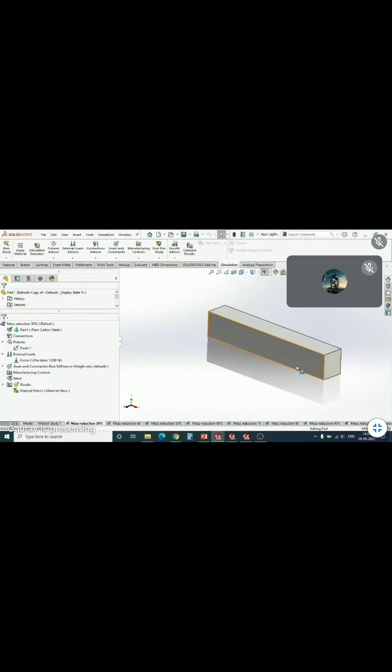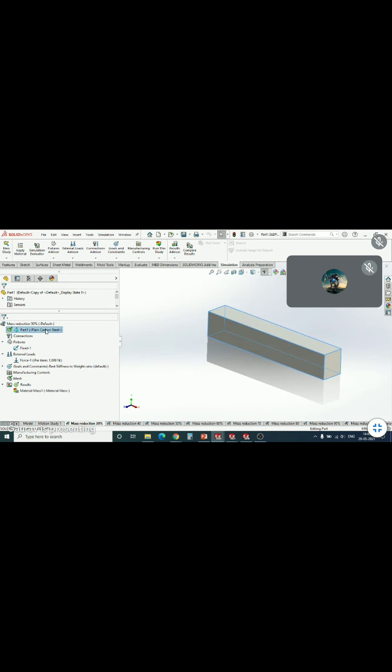Now, this is a very simple rectangular beam, right? And in topology optimization, SolidWorks, or the software, will decide what should be the shape, the topology of the product, when you provide the material and boundary conditions like load and fixture. Correct? So SolidWorks will decide the optimized shape, the topology of the product.